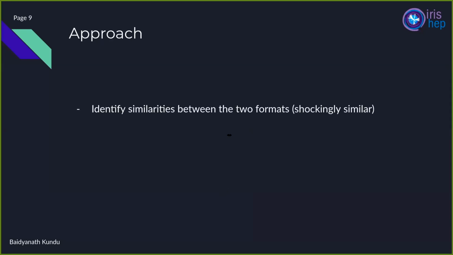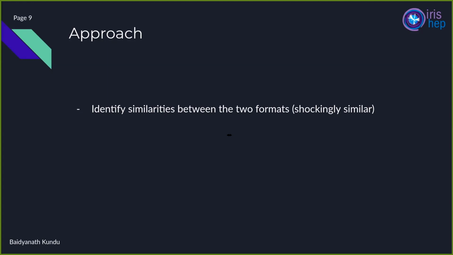So let me talk about the approach that we followed. Our approach was pretty simple. The first step we took was to identify the similarities between the two formats, that is the ATLAS XAOD and CMS AOD. Now, a lot of physicists believe that the ATLAS and CMS sides are completely different. If they switch from one side to another, they will have to relearn everything, and so they are very hesitant to do that.